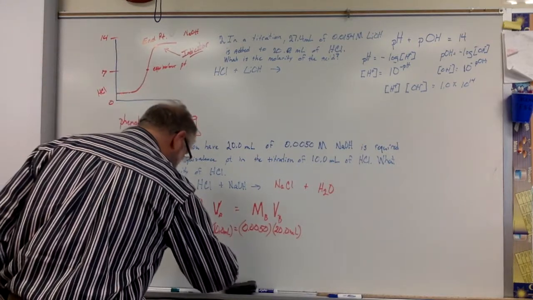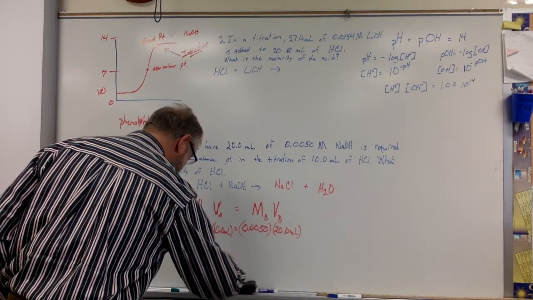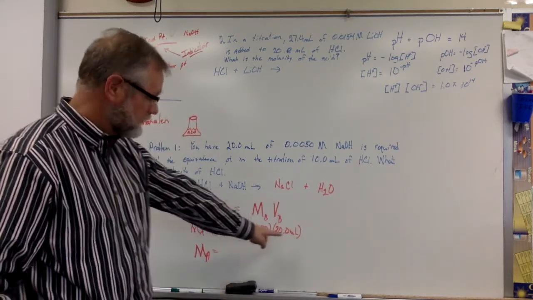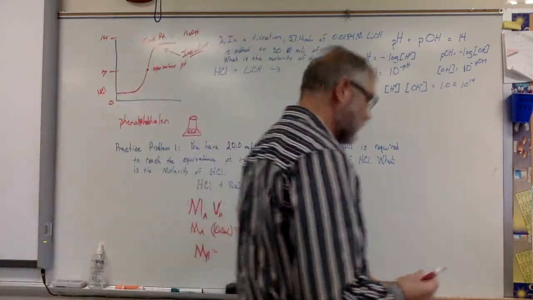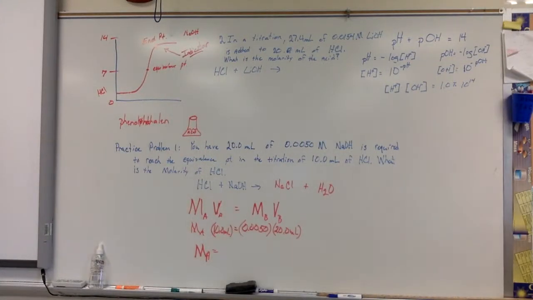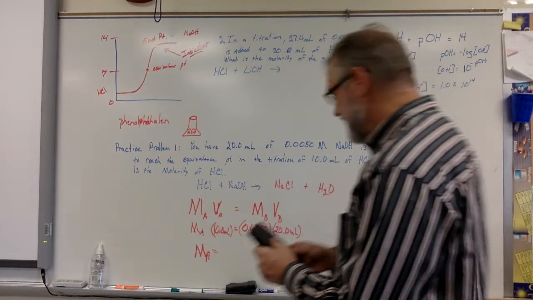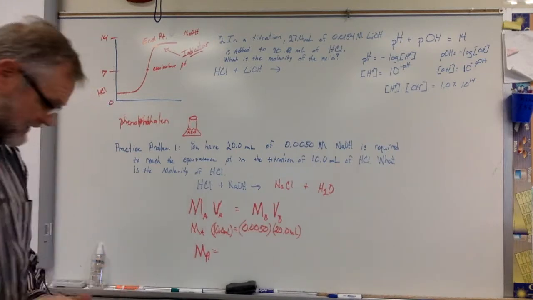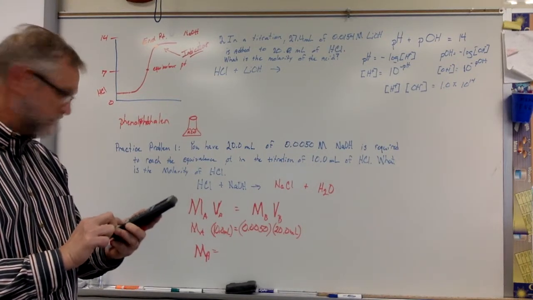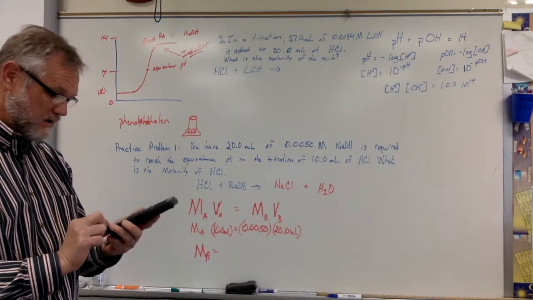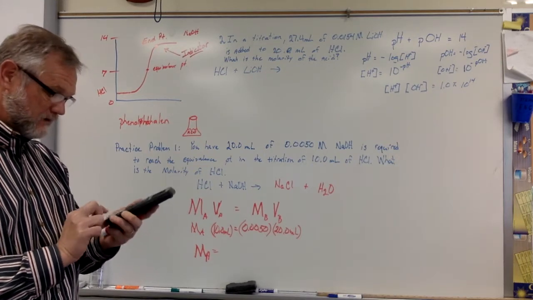So guys, you see how easy this is? Yeah, it's literally this number times this number divided by this number. I solve for the one that I do not already know. So I'm going to go through nice and quickly and see what the molarity is of this. I end up getting 0.0050 times 20 divided by 10.